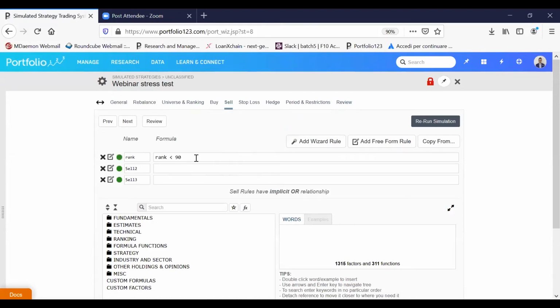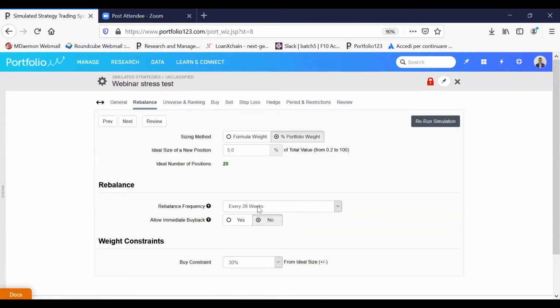And so right now we are testing something more similar to the screener. So we are going to sell stocks when their rank is below 90%. So we are going to just hold for 6 months stocks with the top 10% of rank.